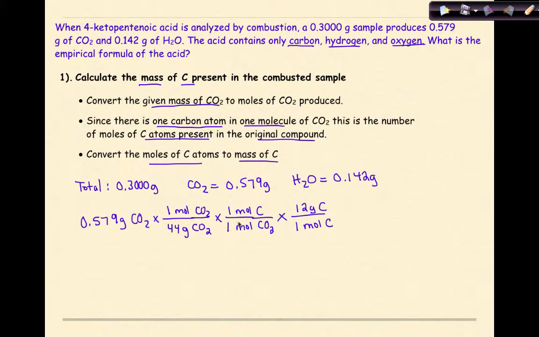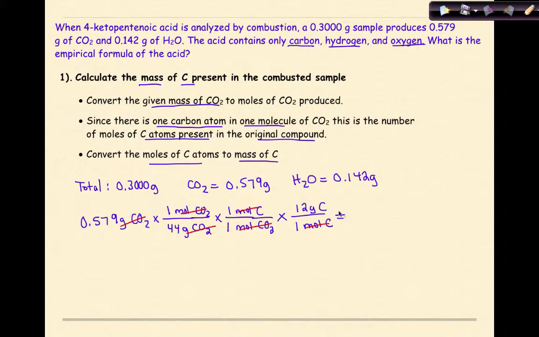Now, how do I know I have this set up correctly? I should be able to cancel everything. Grams of carbon dioxide cancels grams of carbon dioxide. Moles of carbon dioxide cancels moles of carbon dioxide. Moles of carbon cancel moles of carbon. I'm left over with grams, which is what I want.